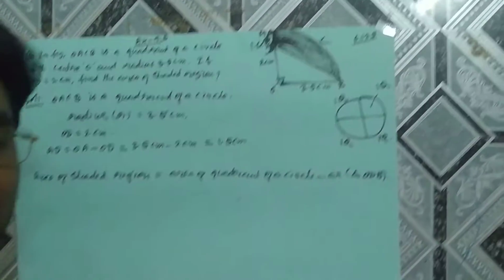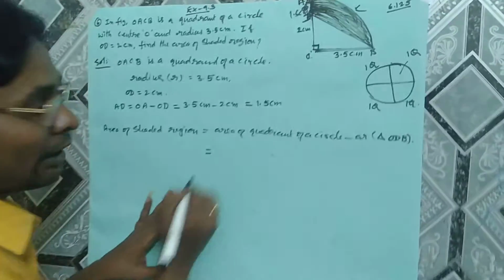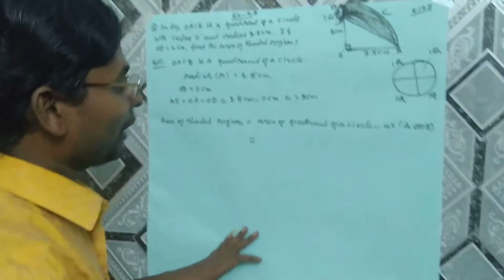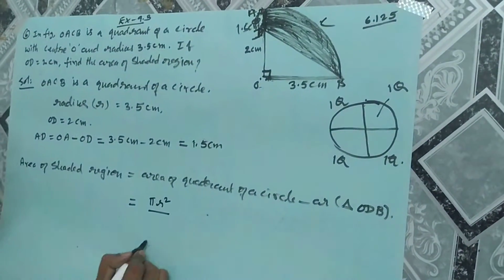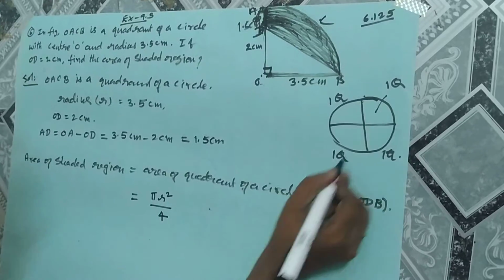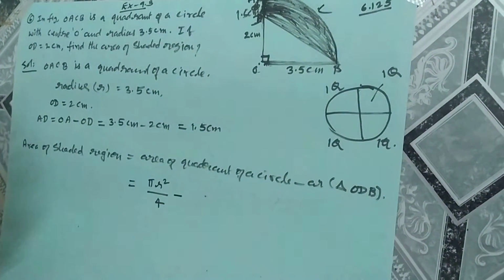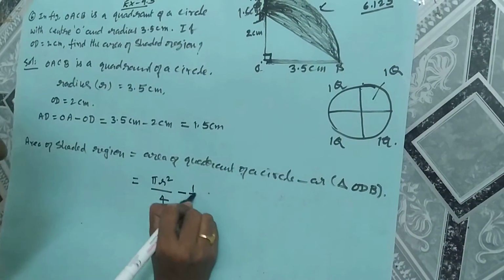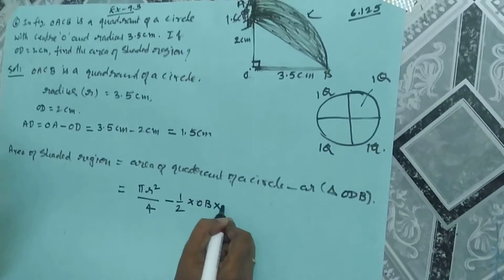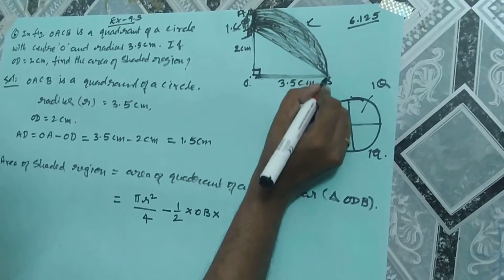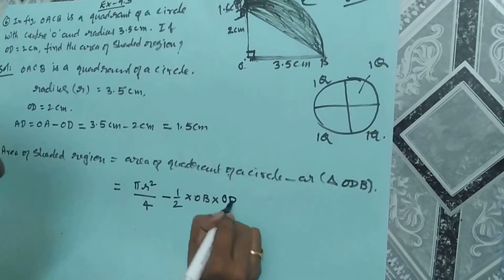Area of triangle we can find easily: half into base into height. To find the area of the quadrant, the circle area is pi r square, and the quadrant divides the circle into 4 parts, so it is divided by 4. Minus the area of triangle, half into base equals OB into height, in triangle ODB the height equals OD.